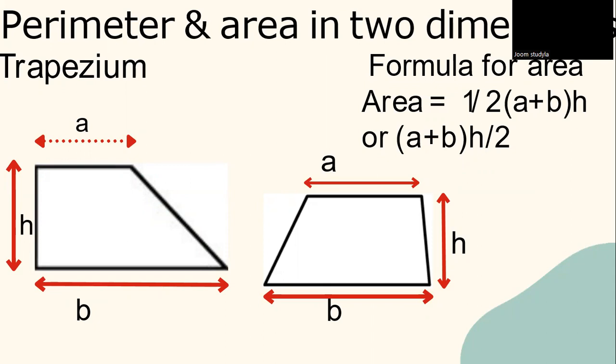For the trapezium, we have the length of A, we have the length of H, and we have the length of B. So to calculate the area of the trapezium is half A plus B multiplied by H. Or A plus B multiplied by H over 2.